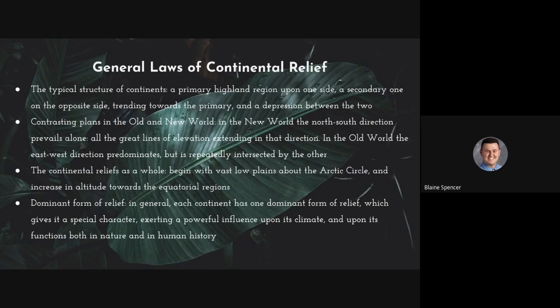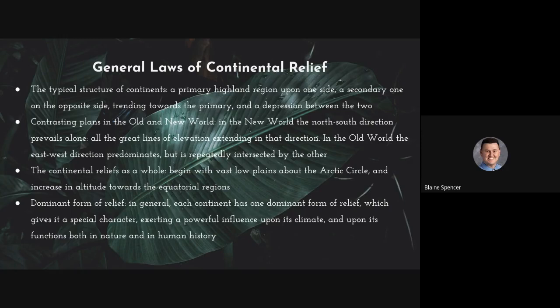The first one is that in each continent, there are similar parts. The typical structure, well, these similar parts are going to be a primary highland, a secondary highland, and then a depression between the two.